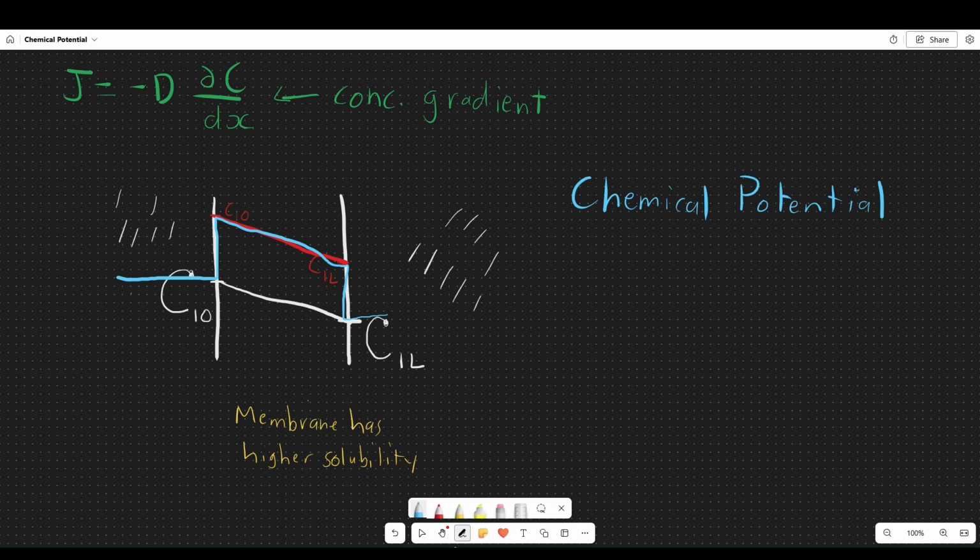Chemical potential is denoted by mu, and it's equivalent to the partial derivative of Gibbs free energy divided by the mole, so let's say I have a species B, and it's determined at constant T, P, and Na.